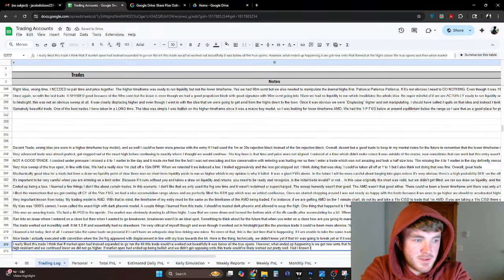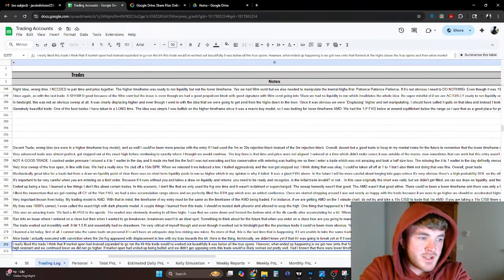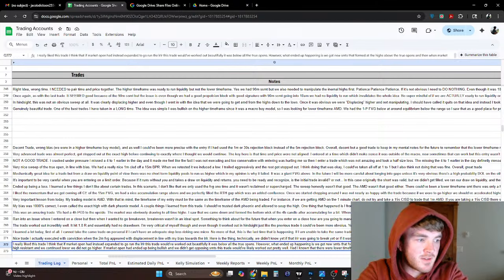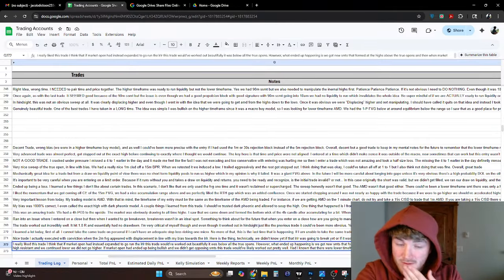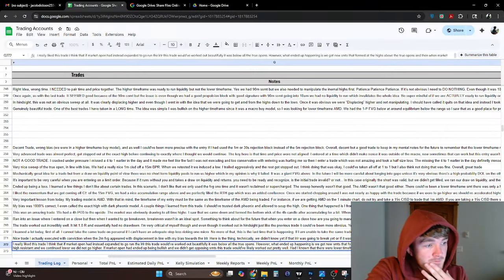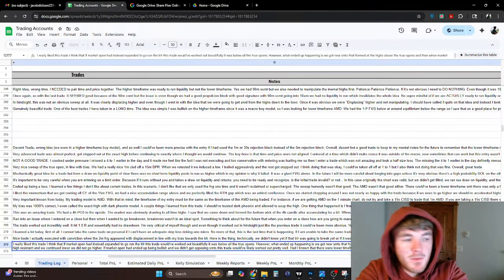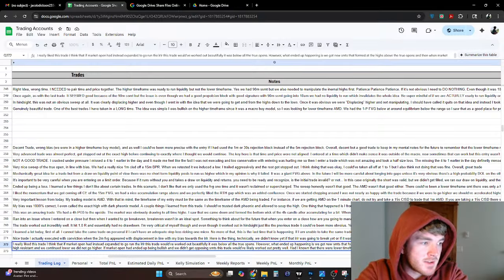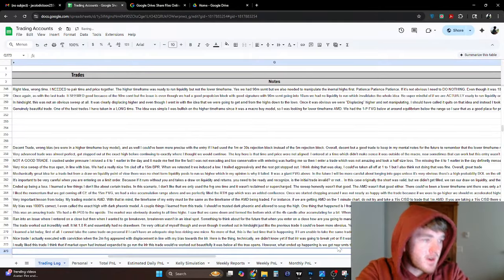Had I known that there were lower time frame bearish SMTs against the high resistant liquidity curve at market open, I wouldn't have taken it. All right.